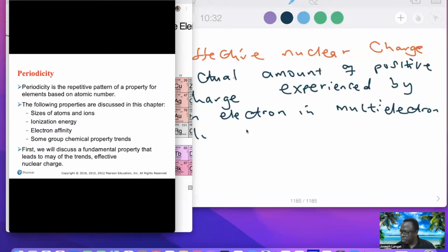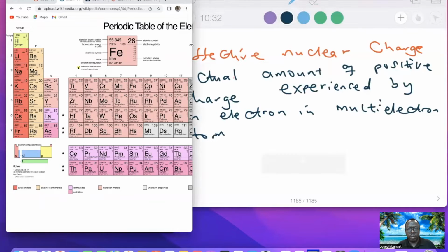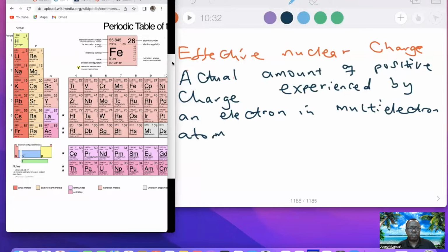That means with more than one electron. Hydrogen has one electron, but we're talking about a multi-electron atom.